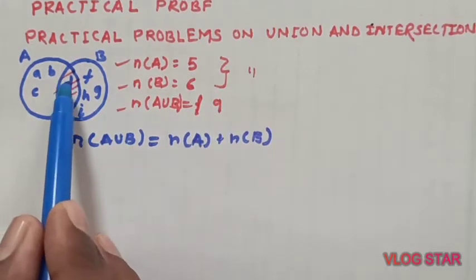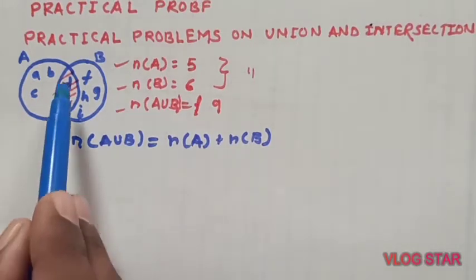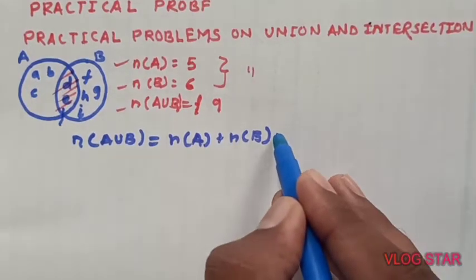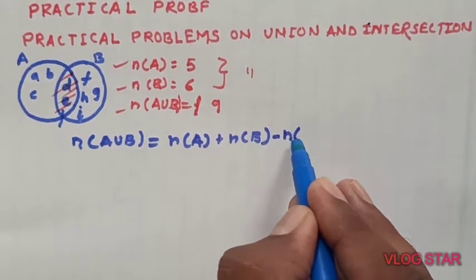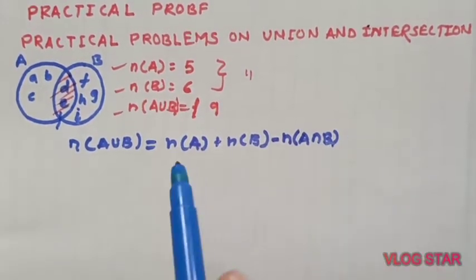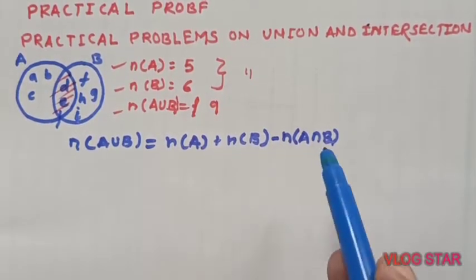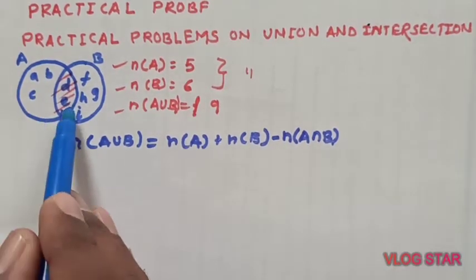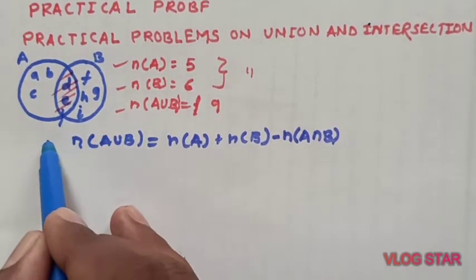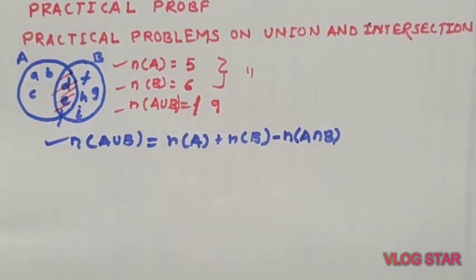The repeated count, what we call repetition, is the intersection. The common elements have to be subtracted. So the number of elements which are common, means intersection, A intersection B. So all the elements from set A plus all the elements from set B minus the common elements from sets A and B gives you the correct number of elements in the union. So this formula we can use to find the total number of elements in a union.